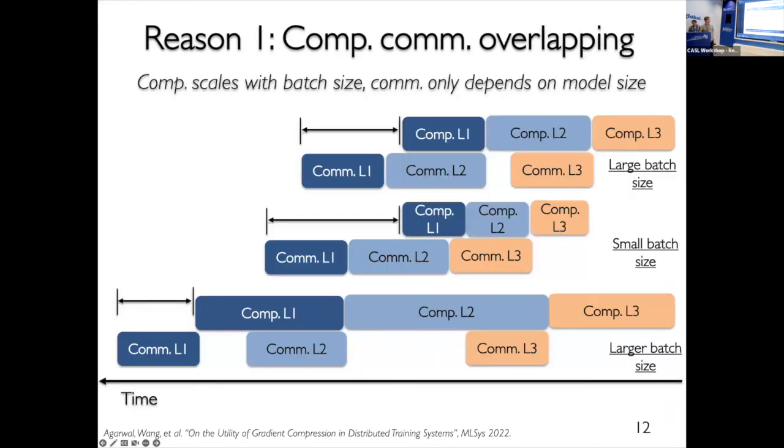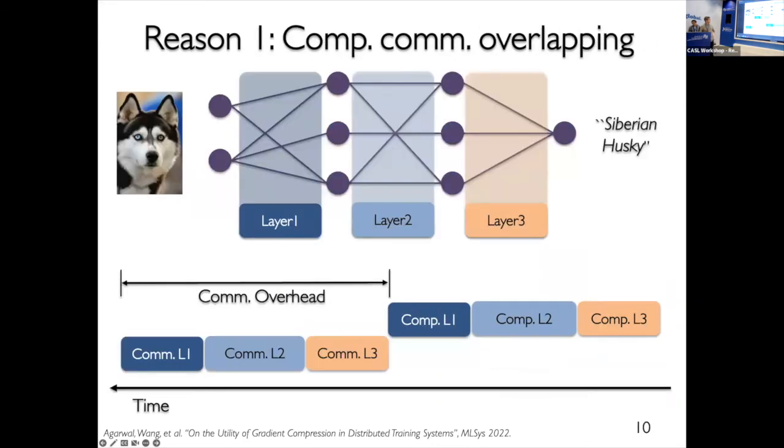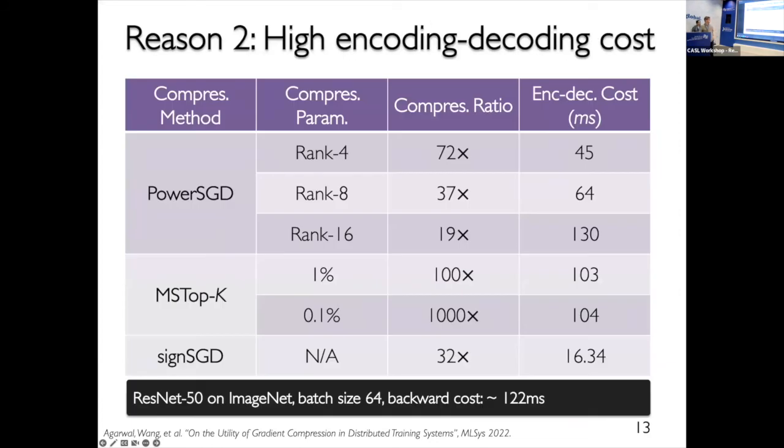Some work, maybe parallel to your own, the HiPress paper at SOSP last year, implemented several of these compressors directly using CUDA kernels, because they said otherwise there is very high overhead to begin with. So what was your thinking when you were doing this work, and why did you not go down to the level of CUDA to minimize the overheads?